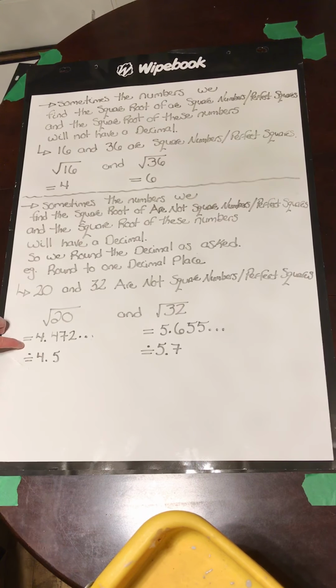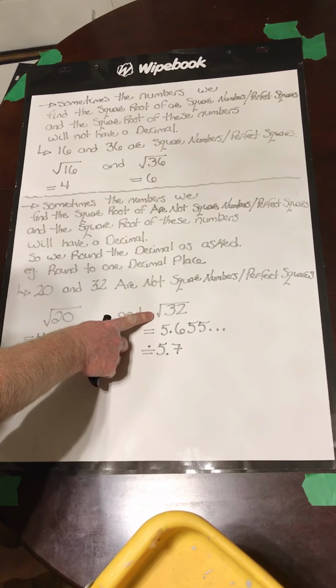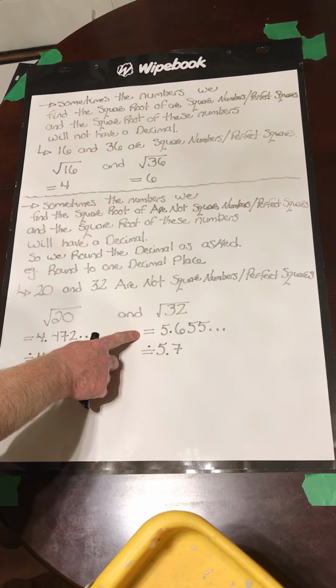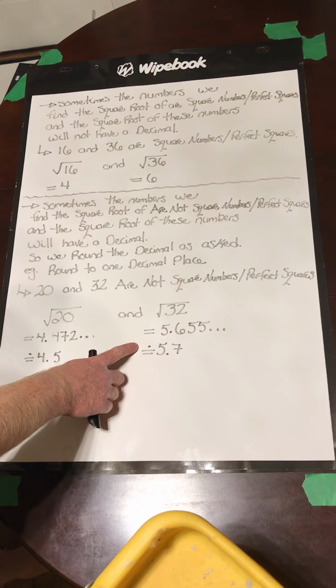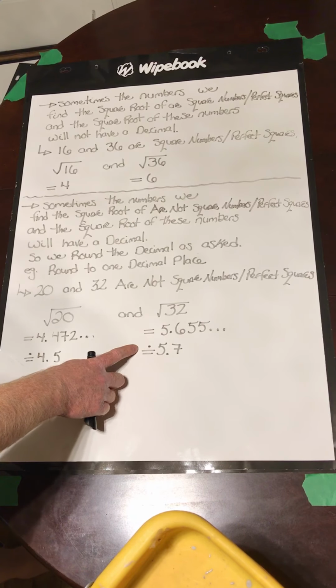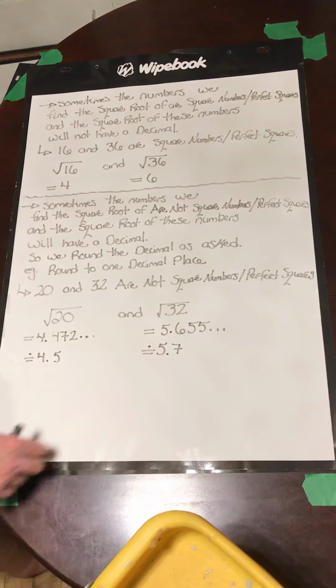I'm rounding to 1 decimal place, so the square root of 20 is approximately 4.5. The square root of 32 equals 5.655 continued. I want to round to 1 decimal place. So the square root of 32 is approximately 5.7.